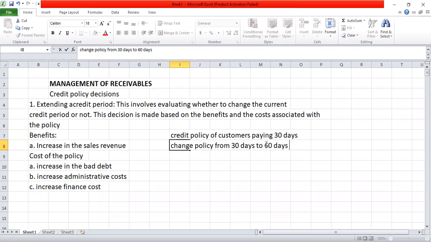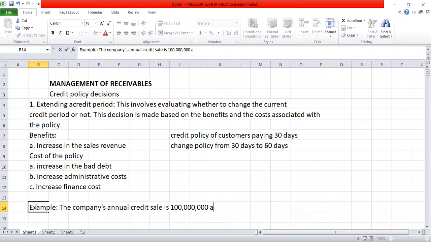You can look at a simple example. The company's annual credit sales is 100 million, and the customers pay in 30 days.